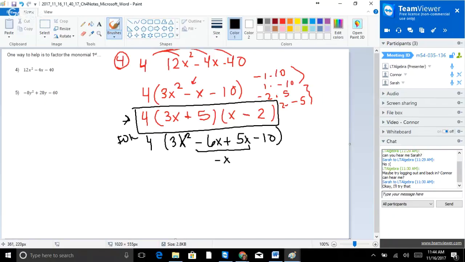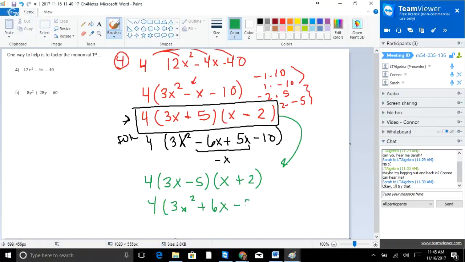I know you guys can't wait to do this. All right, what would happen up here? I should have set this up. What would have happened if I would have actually switched the signs? So if I would have had 3x minus 5 and x plus 2, when I FOILed it, I would have gotten 3x squared plus 6x minus 5x minus 10.